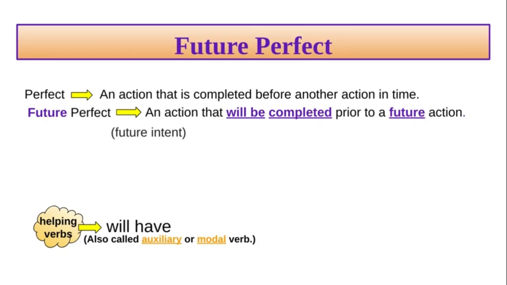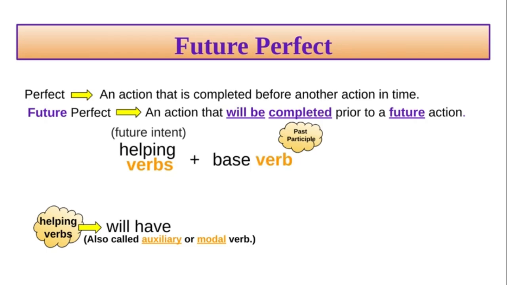Combine the future form of the helping verb to communicate future intention, followed by the past participle to conjugate future perfect.